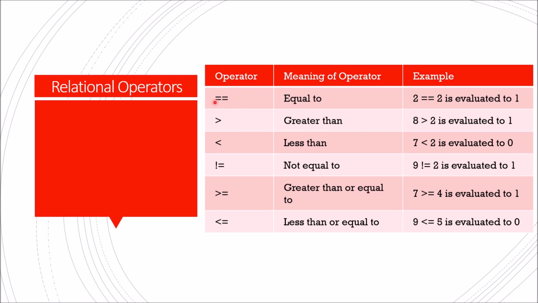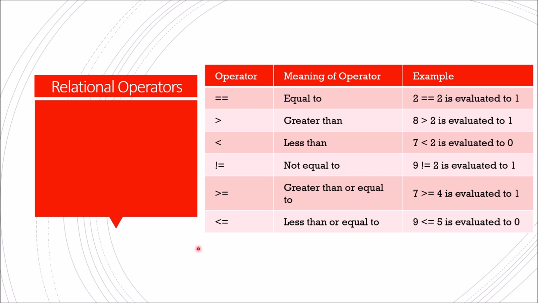However, here we are not loading any value, but actually we are comparing the two values of two different data. So remember, equal is two equal signs when we are doing comparisons. So have a look here. 2 is equal to 2, and it's a true statement, so it will be evaluated as 1.